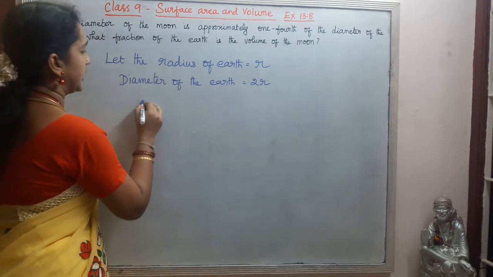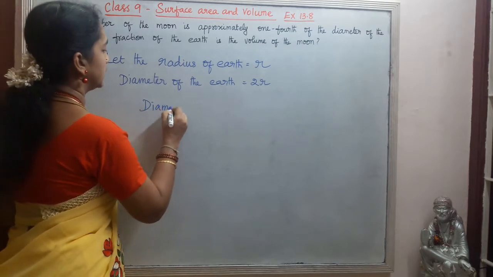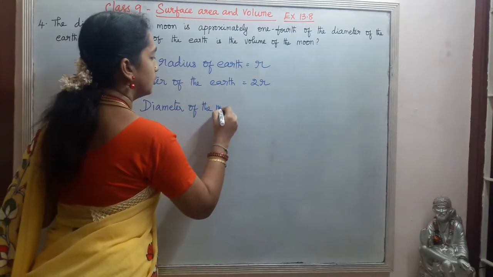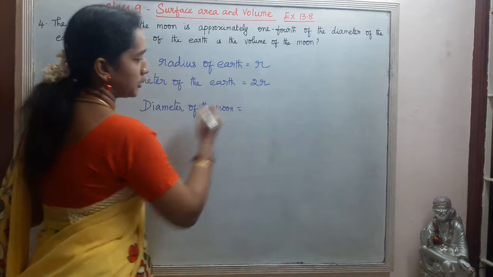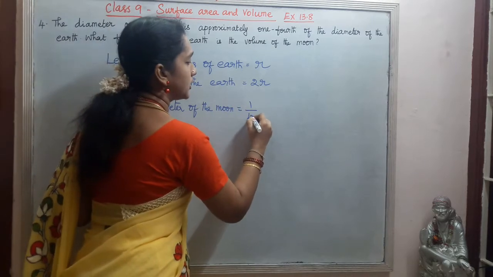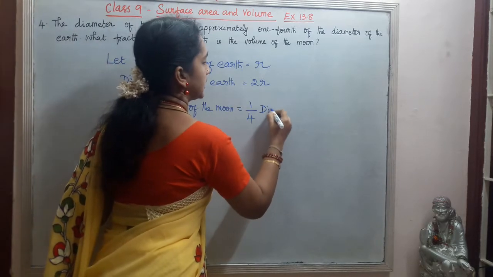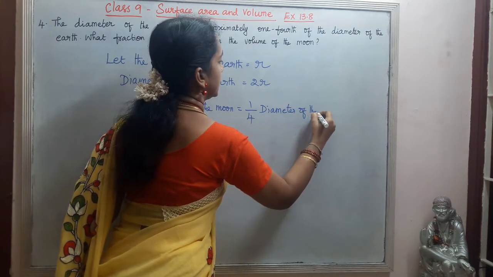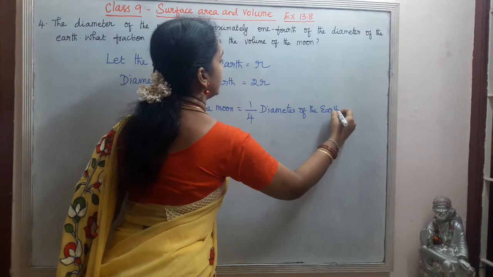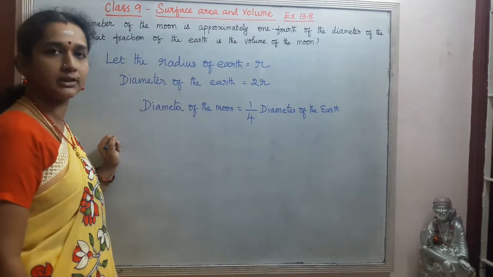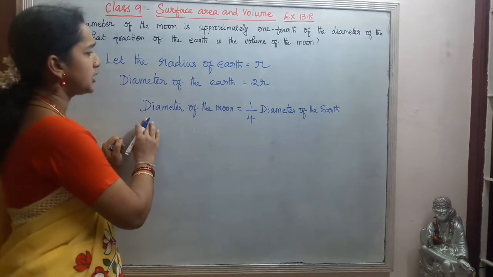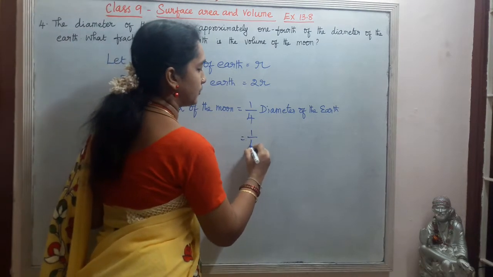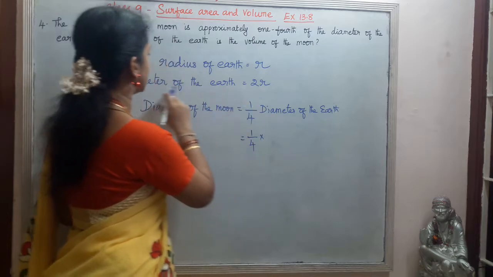The diameter of the moon is equal to 1/4 of the diameter of the earth.